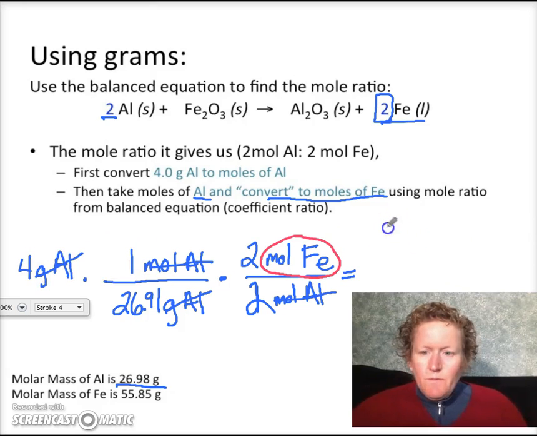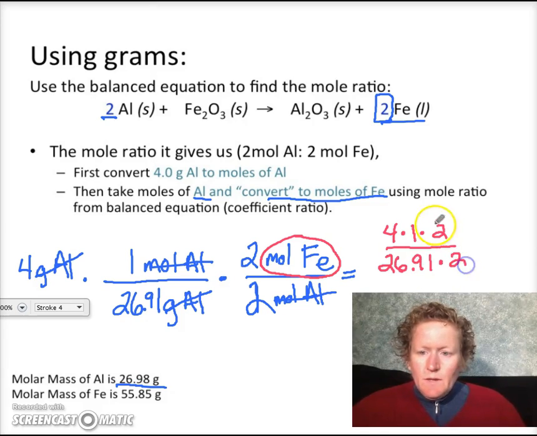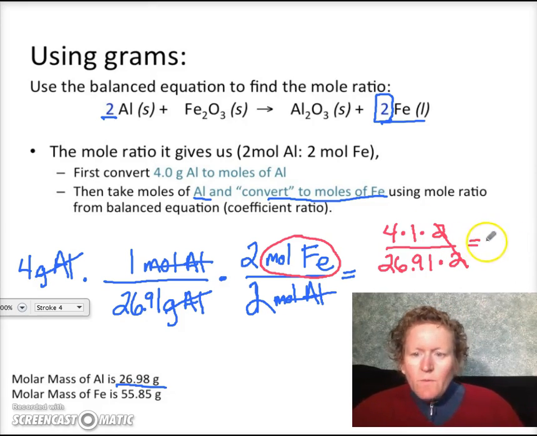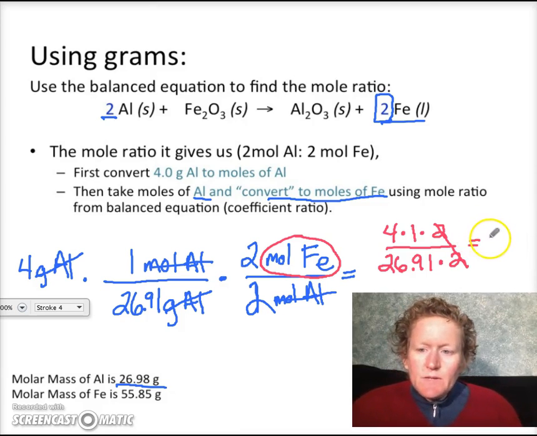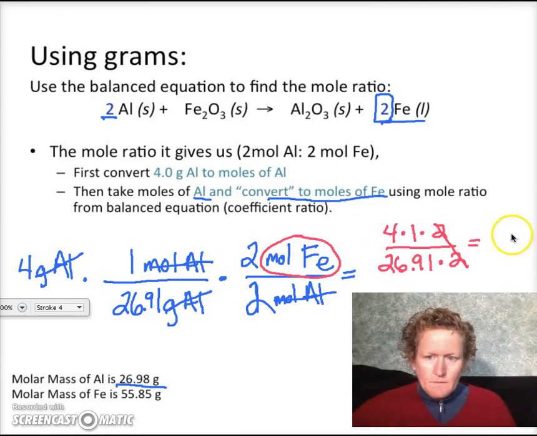It's going to be 4 times 1 times 2 divided by 26.98 times 2. And these really cancel each other out. So it's really 4 divided by 26.98, which gives us 0.14.